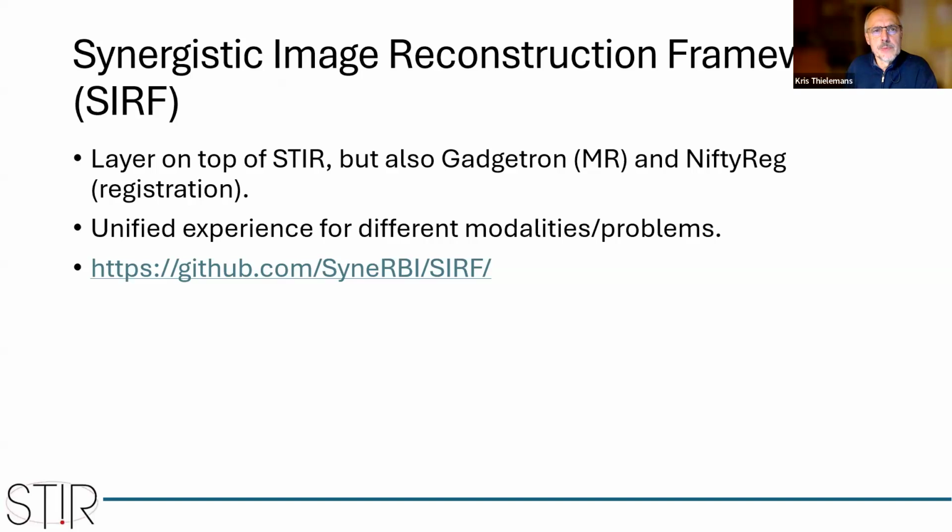SIRF is sort of a layer on top of STIR, but also Gadgetron, used by Paul, and NiftyReg for registration. So it sits in C++ and Python, and you can use it from there. And it's sort of an easier interface to STIR, but it's also less powerful. Not everything that you can do in STIR is necessarily available in SIRF.